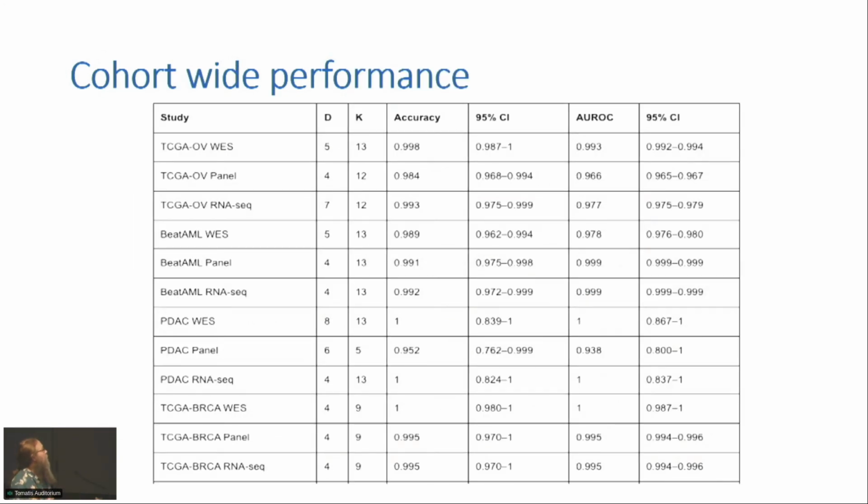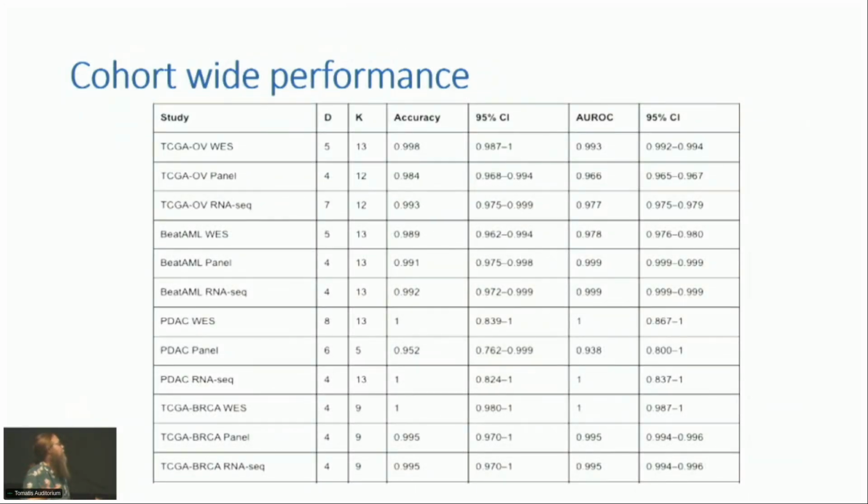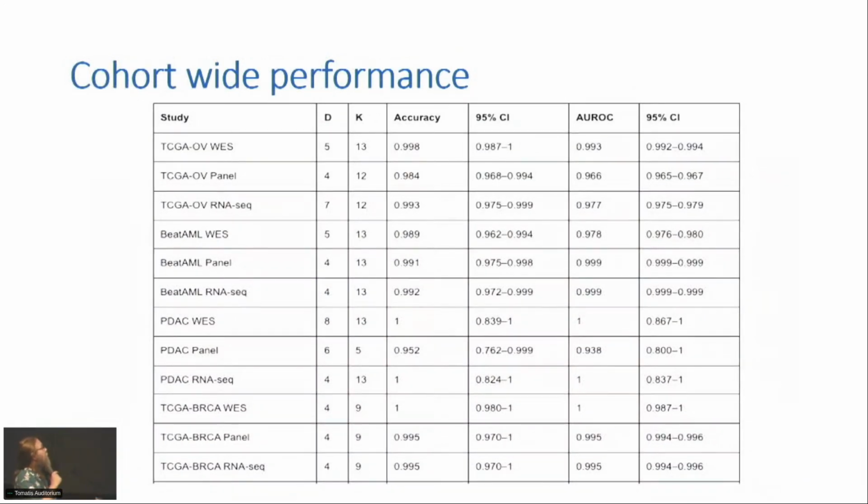So we used the method on more than 1,000 samples for whole exome, panel, and RNA-seq. Here we have the comparison. The accuracy is the comparison between the cancer sample and the normal, cancer-free sample.